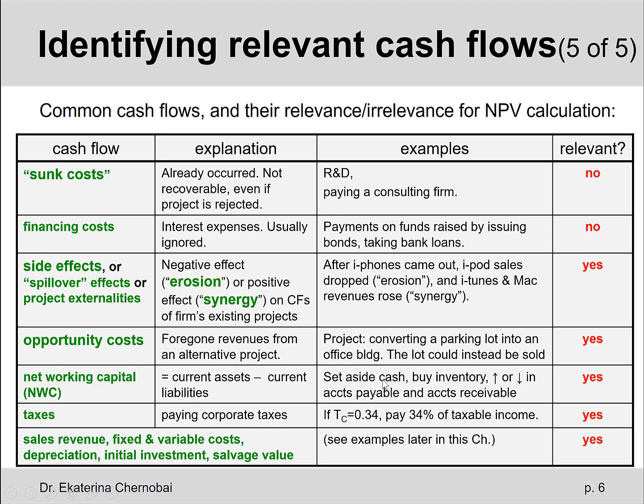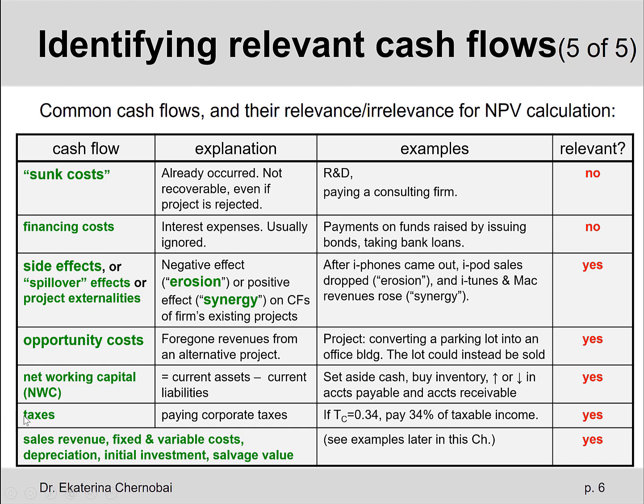So maybe this cash reserve would need to be increased over time. And that means investing even more and more into this net working capital type of cash flow. So the change in net working capital throughout the project's life is a relevant cash flow.